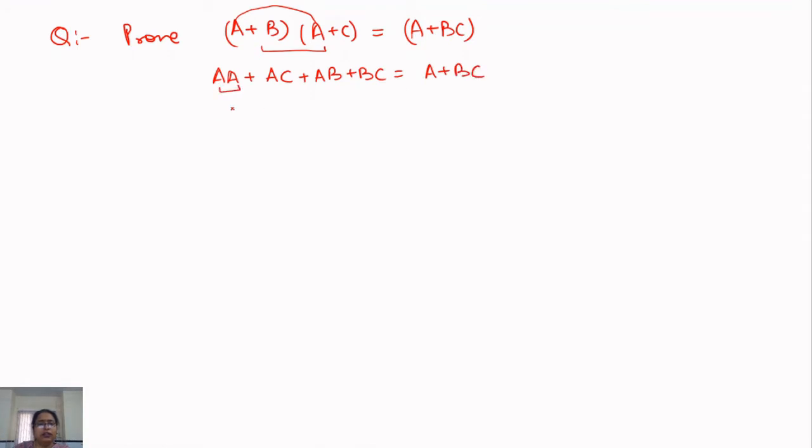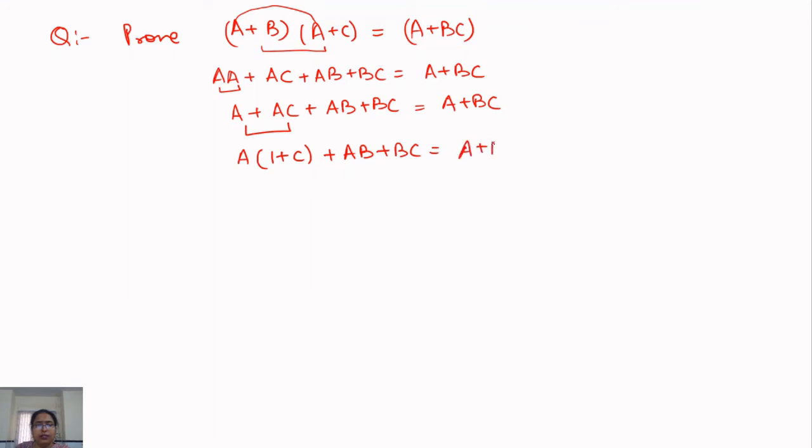Now a into a is a, see the Boolean law. a plus ac plus ab plus bc equal to a plus bc. Now taking these two, a is common. This is a(1 + c) + ab + bc equal to a + bc.